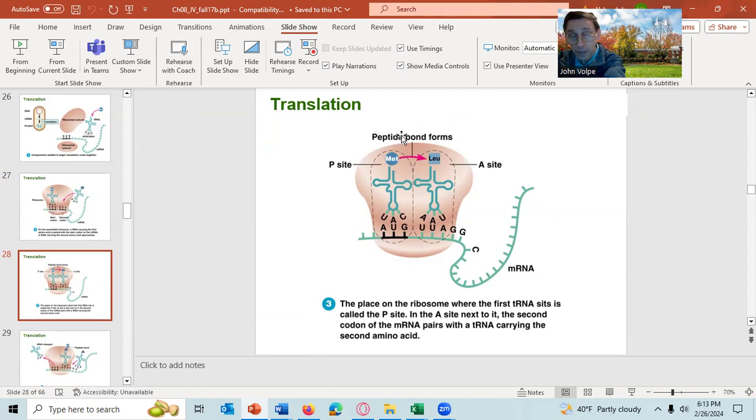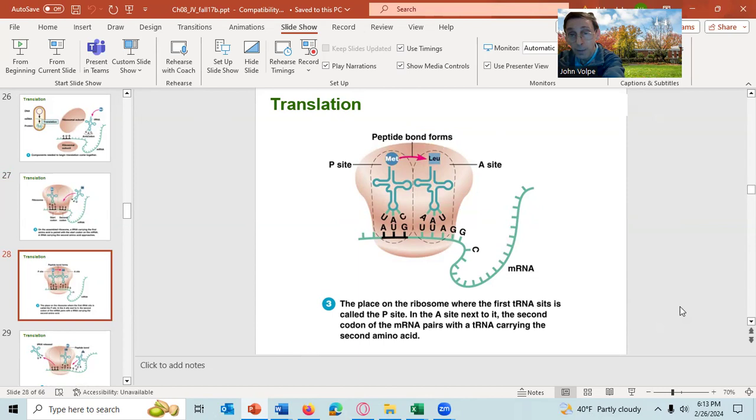So it's part of the ribosome and part of the rRNA that removes the amino acid from this tRNA and then binds it to the amino acid in this second position here, creating the start of the growing polypeptide chain, which will be the growing protein, because when it's all done, it'll be the protein. Any question about any of that?